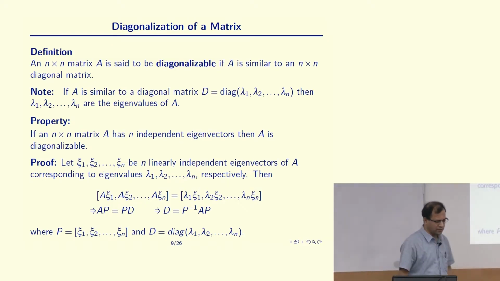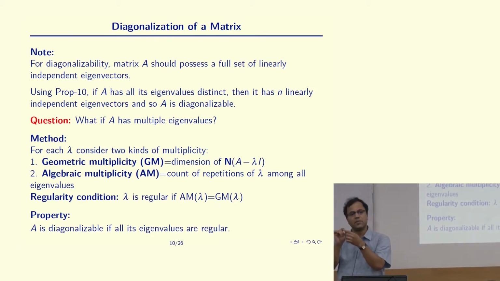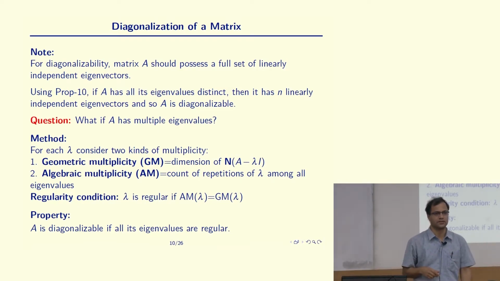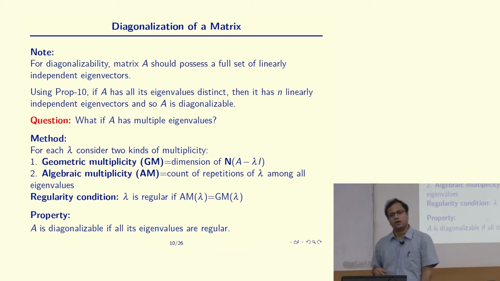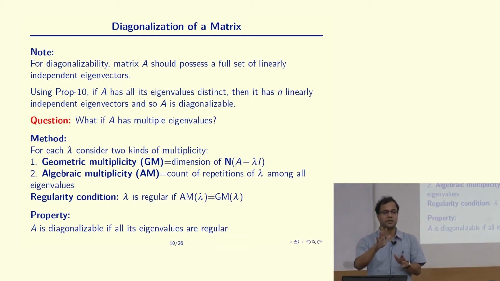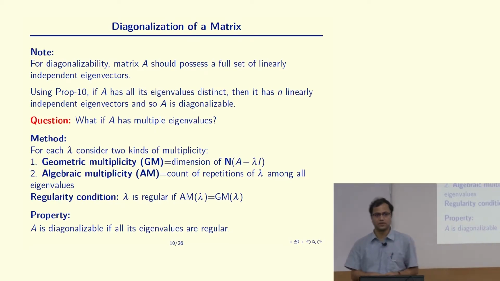So what should we do then? Basically, lambda could be coming multiple times. That's the kind of bottleneck. So it is not always possible to find n independent eigenvectors corresponding to a matrix. That is one thing you should consider.